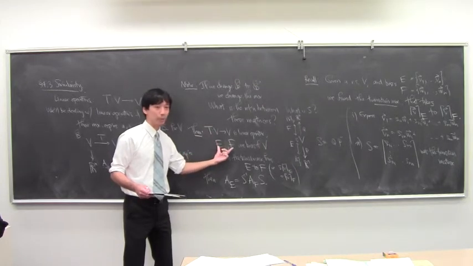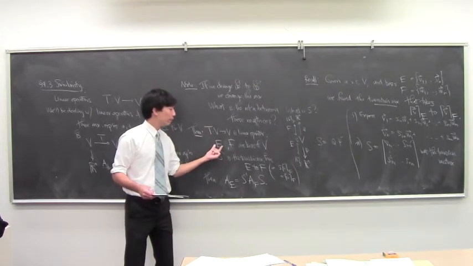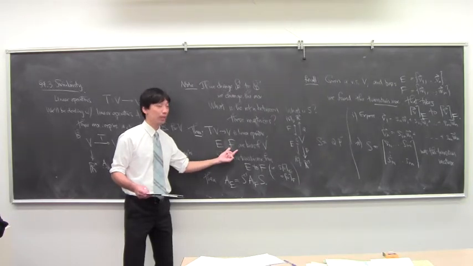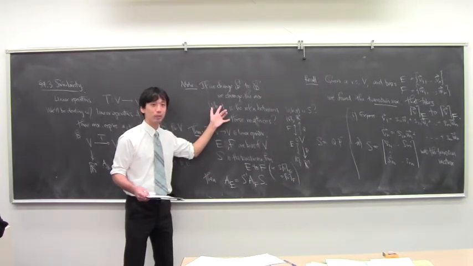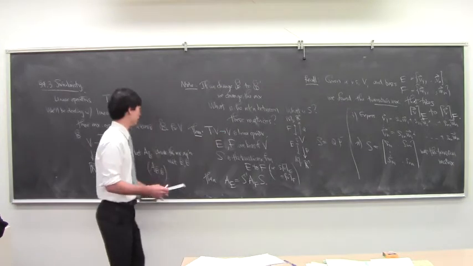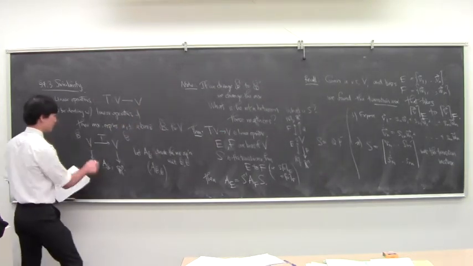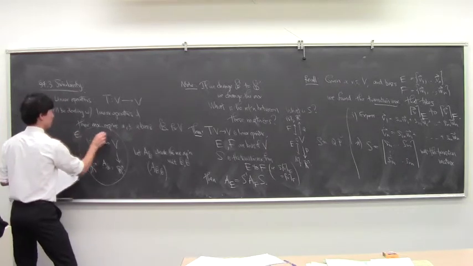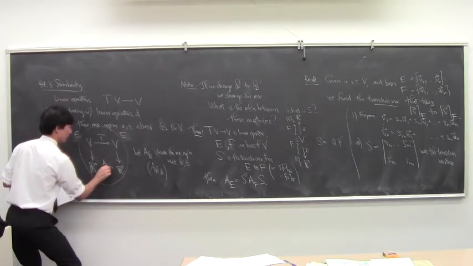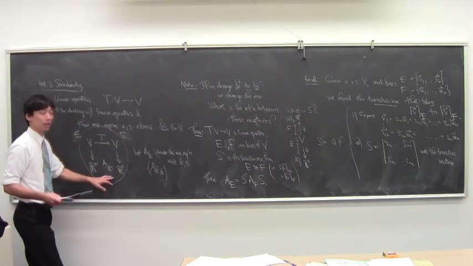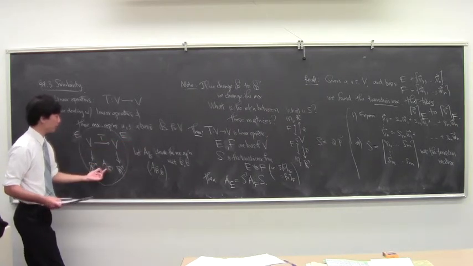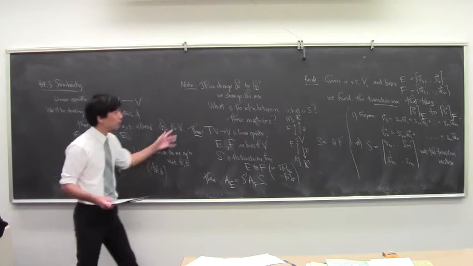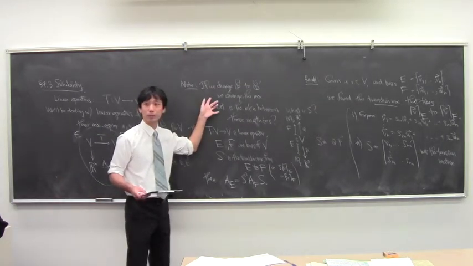We have two bases, and matrix representations of the operator with respect to E and with respect to F. And the question was, what's the relation between those two matrices? Somebody gives you some basis, and that gives you a representation. But you change the basis to some other basis, you get a different representation. And the question was, what's the relation between those two matrix representations?